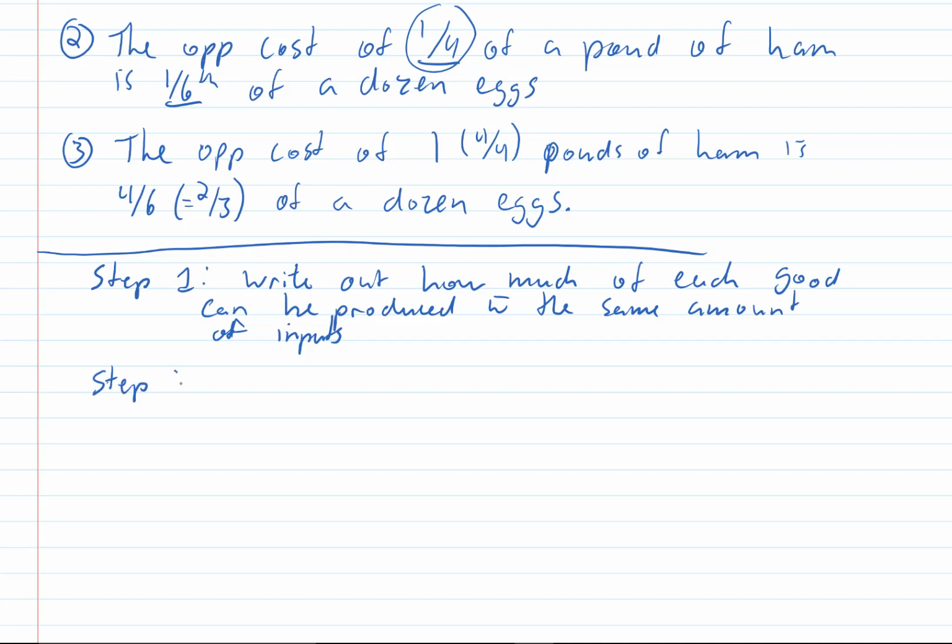The second step, step 2, is simply to write out this trade-off in a sentence. So, the opportunity cost of producing the first good is blank of the second good.